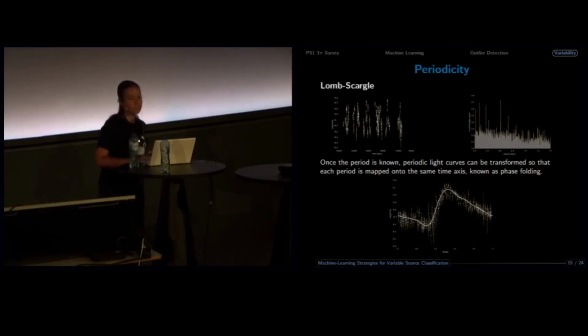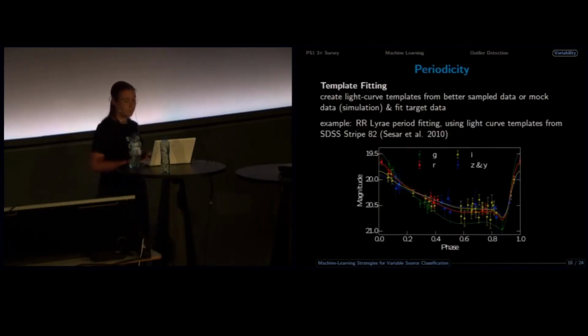What we came up with was template fitting. This works in the following way. We first have to use a survey that has quite good sampling, for example SDSS Stripe 82. Then we create some light curve templates. These are the curves you see in the panel below, based just on this data, and we try to fit these templates to our data.